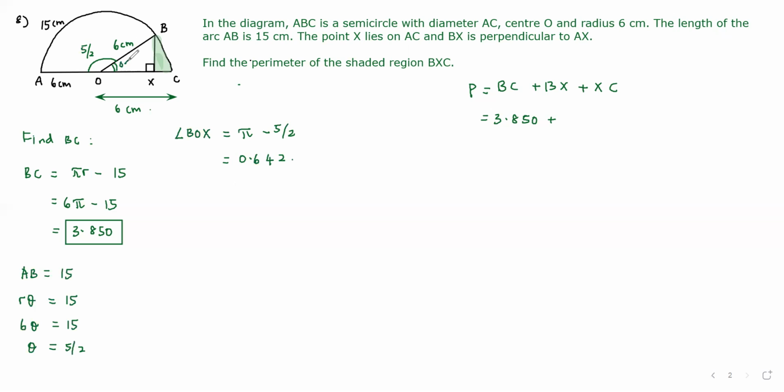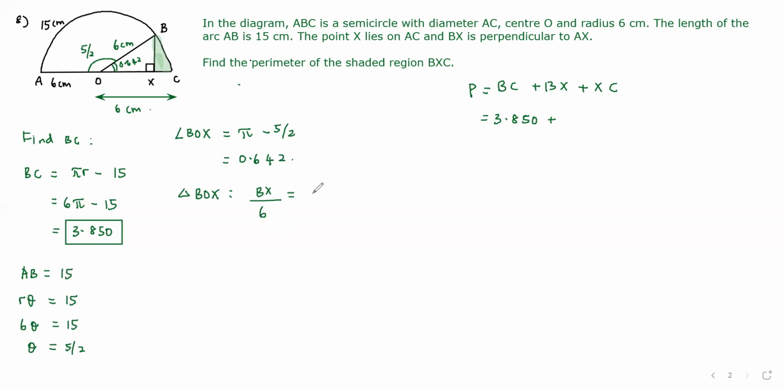Now this angle is 0.642. Let's look at the right triangle OBX. The opposite over the hypotenuse gives you the sine ratio. From triangle BOX, the opposite is BX and the hypotenuse is OB, which has a value of 6.